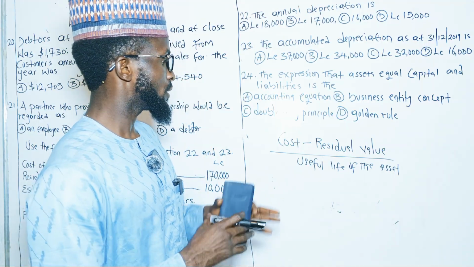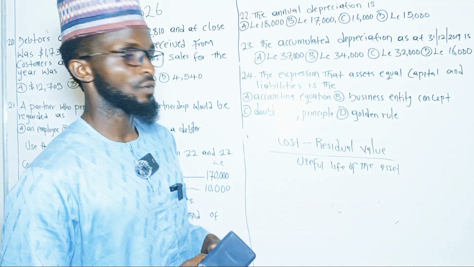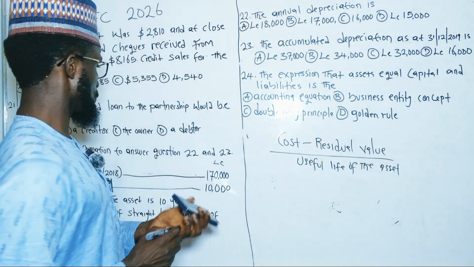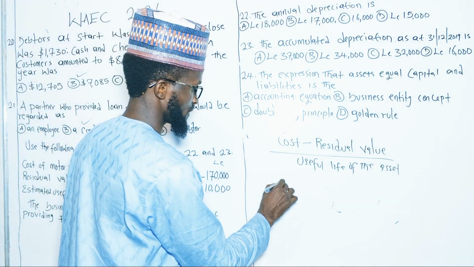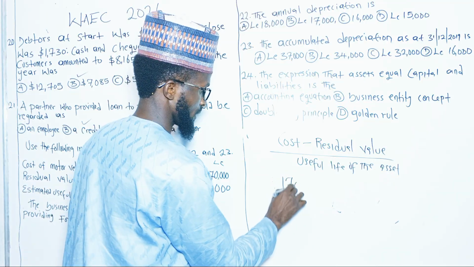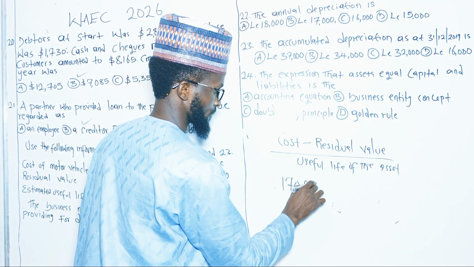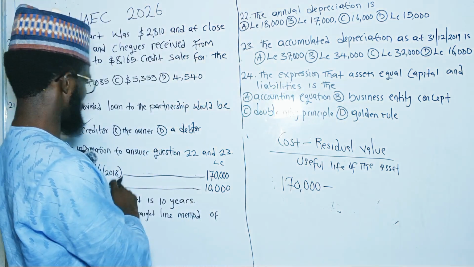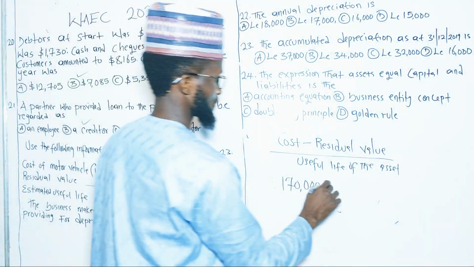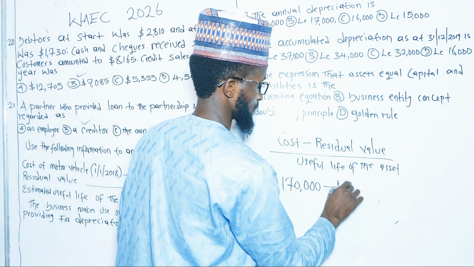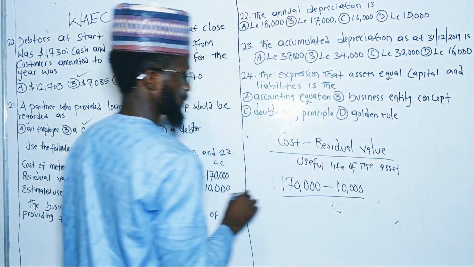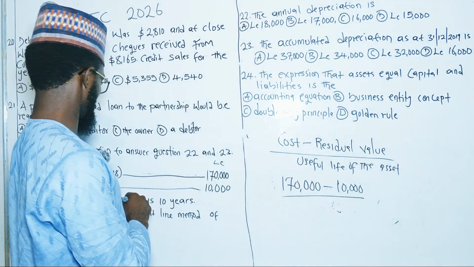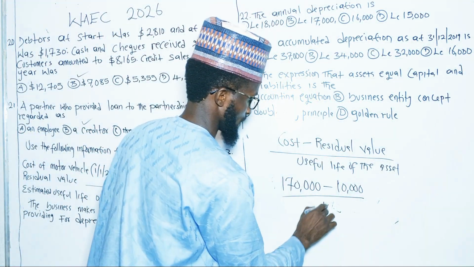So now, let's substitute our figures and see. The cost of the asset has been given as 170,000, less residual value, which has been given as 10,000, all over the useful life of the asset, which has been given as 10 years.